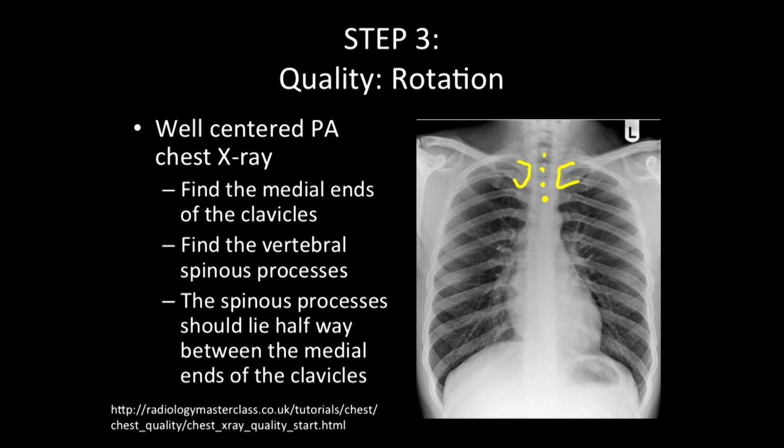And if we were to draw them in a little more clearly for you, you can see here are the medial ends of the clavicles, and then the spinous processes in blue, and you can see that the spinous processes lie in the midline between the medial clavicles. So this is a normal rotation of this particular chest x-ray.